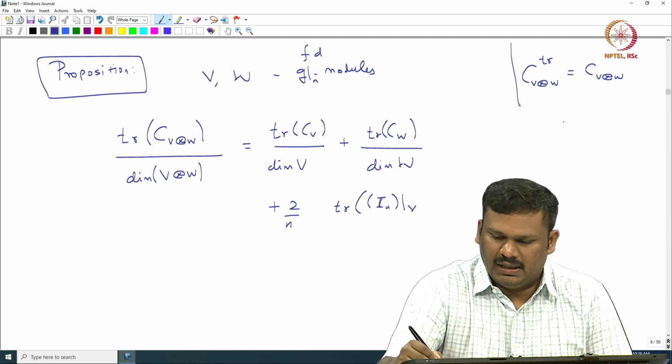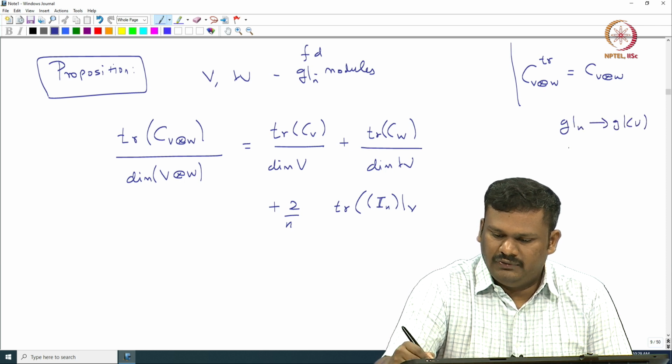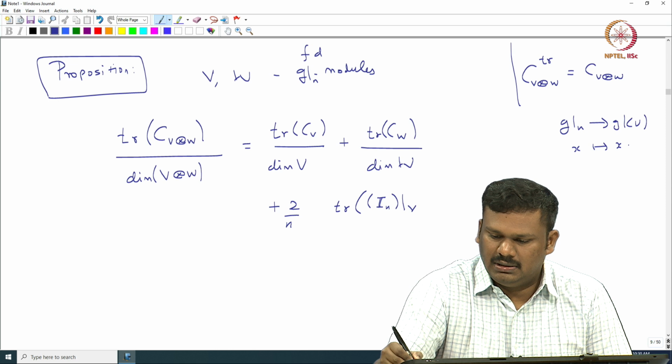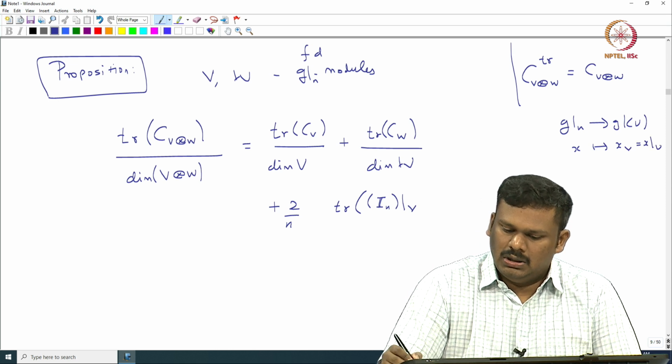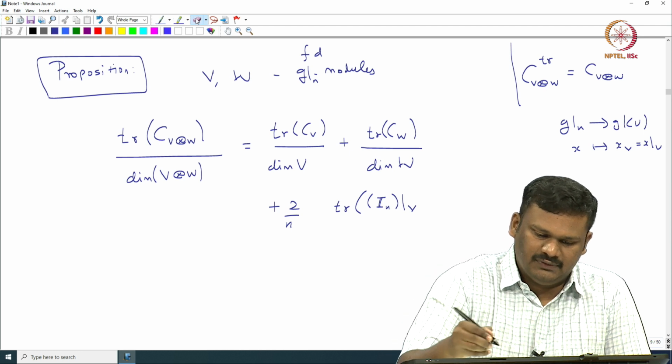If we have this map GL_n to GL_V, we can denote the image by X_V. Okay, so then you can see that, maybe I will drop this vertical line.